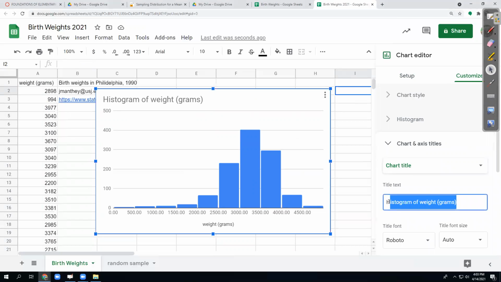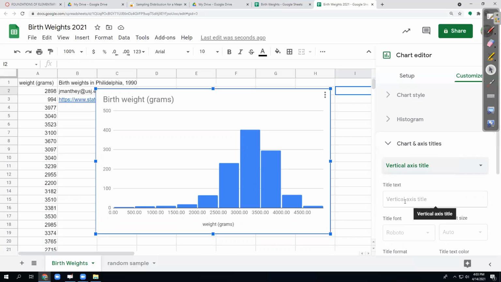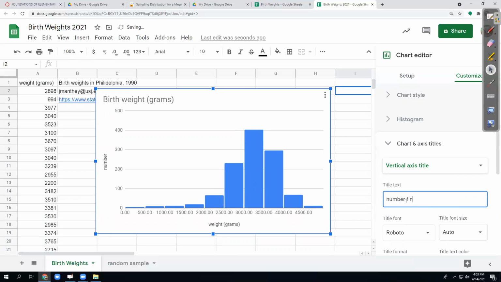So this would be birth weights in grams. Weight in grams, and then it's usually good to have a vertical title. It would be number. Okay, I think that's better.